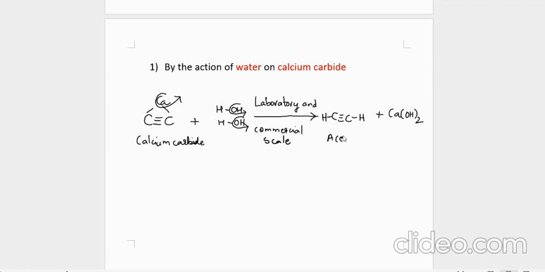So this is our acetylene, or the IUPAC name is ethyne. Okay, so this is our first reaction.